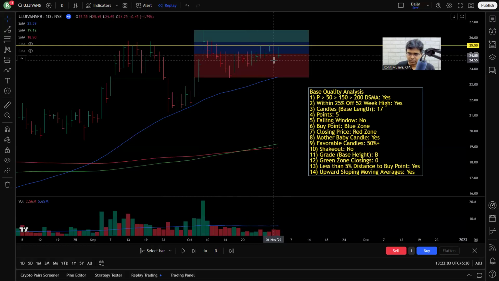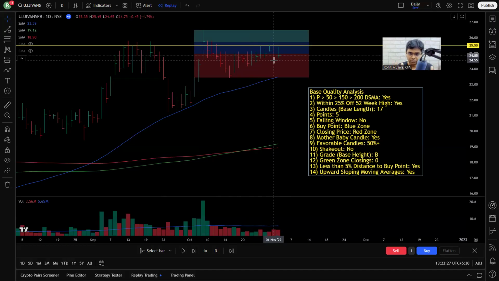Then another one, low closing. 9 candles. So you have 9 down closings out of total 17 candles in the base, which means the stock has closed down on low volume compared to previous day closing 9 times out of 17 candles.